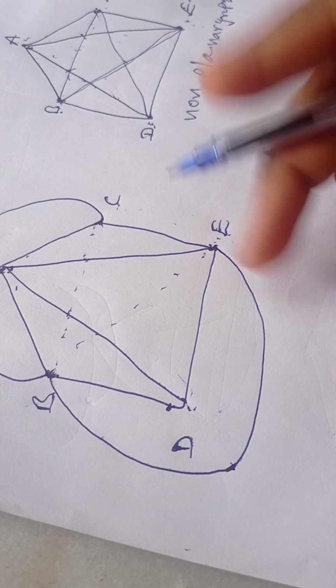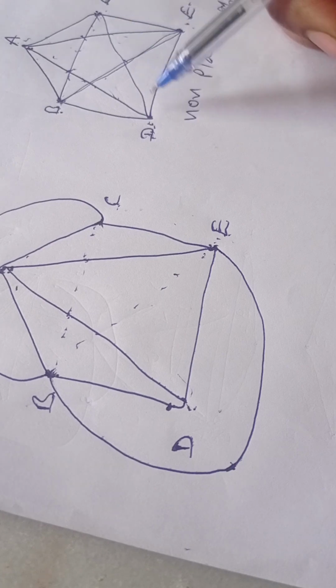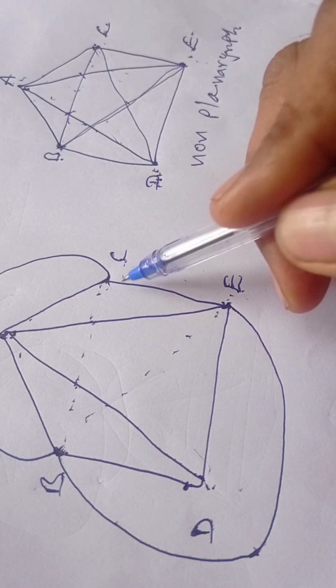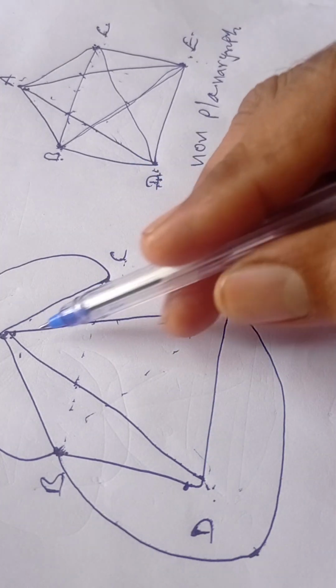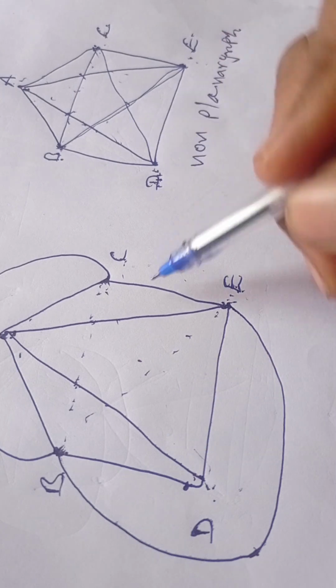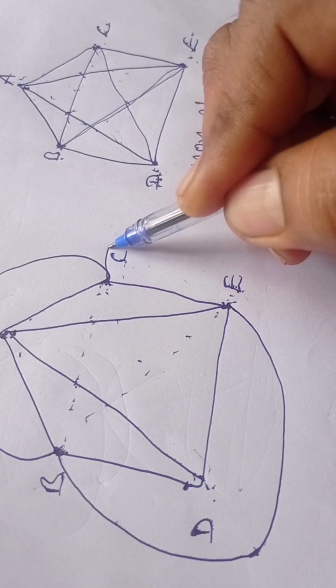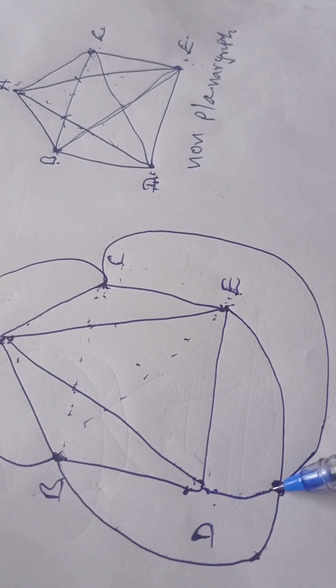B is completed, and next is C: establish C to D. The C to D edge is crossing the edges A to D and A to E. So in another way, the line A to D is drawn. Here the edges B to E and C to D are crossing.